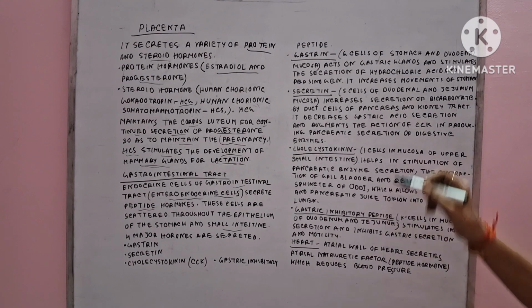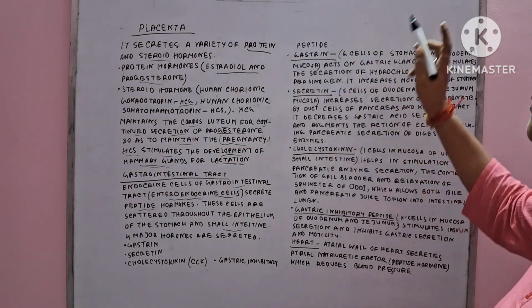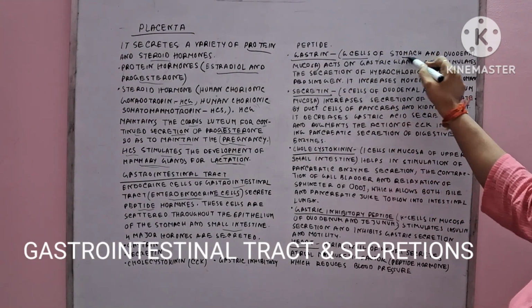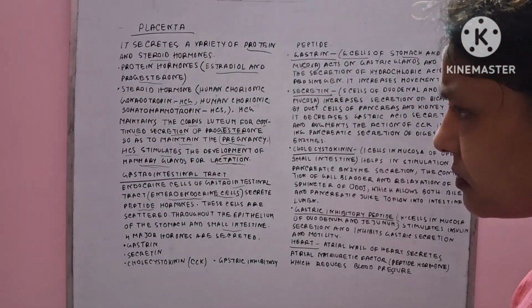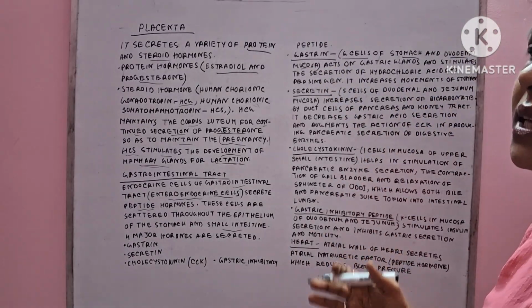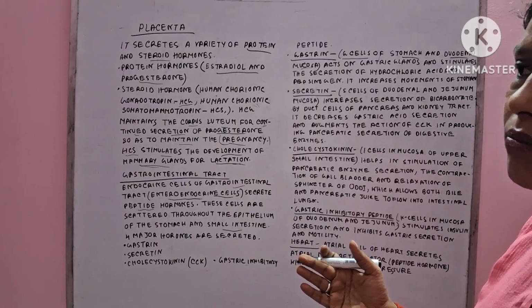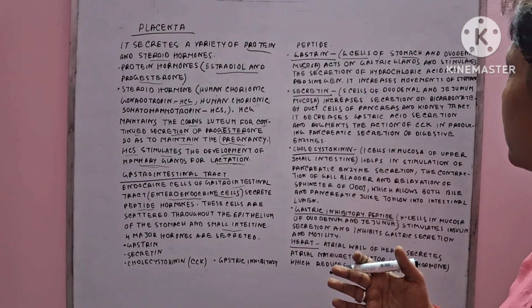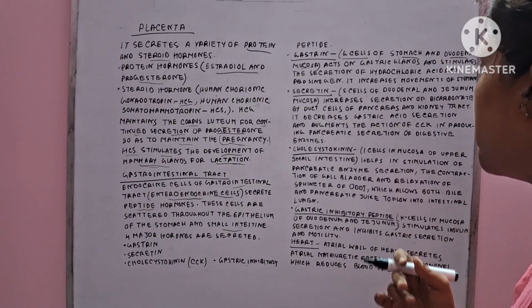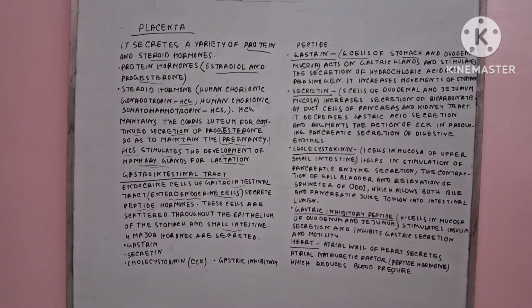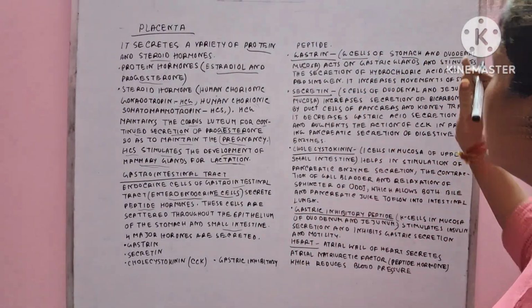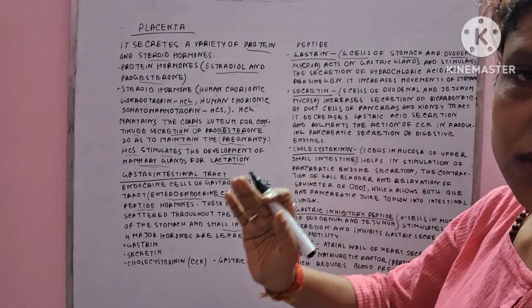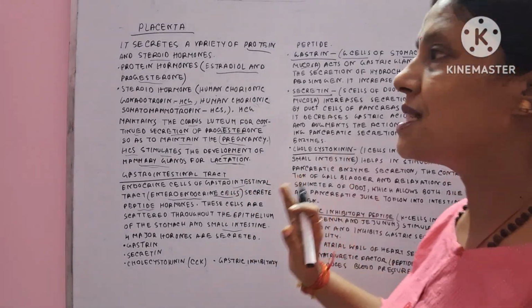Now, what are the roles of these hormones? The gastrin is secreted from where? The G cells of the stomach and the duodenal mucosa. You all know that the small intestine has three parts: duodenum, jejunum, and ileum.